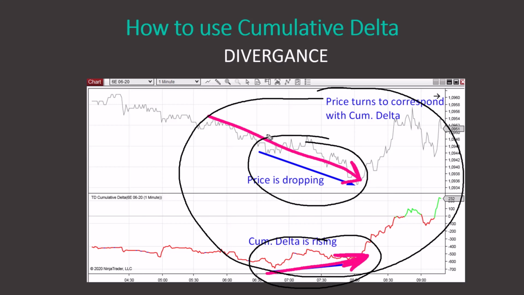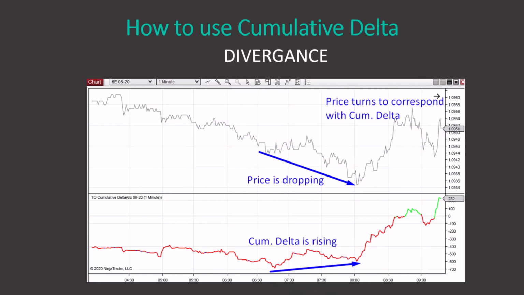It was telling us that even though the price was dropping, buyers were more aggressive. And as you can see later on, the price started to rise. But the delta was telling us first, way before the price started to turn, delta started to rise. And that's why I'm saying that delta is so useful, because it's able to tell us in advance what is going to happen.